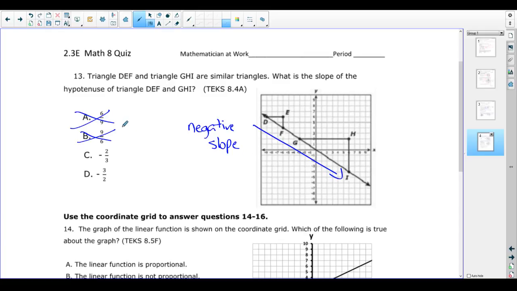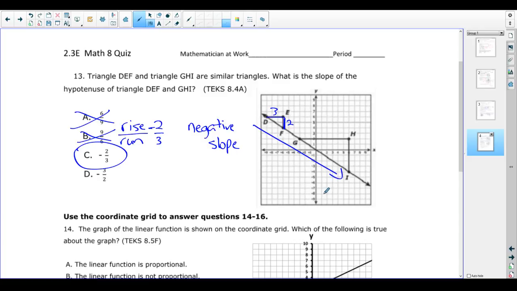Then we're just going to look at the rise over run. So if I take this little triangle, because it's less counting for me, the rise is 2, and the run is 3. It gives me 2/3, but I know, since I said it's a negative slope, that this has to be negative 2/3.